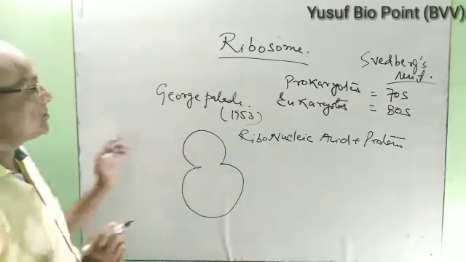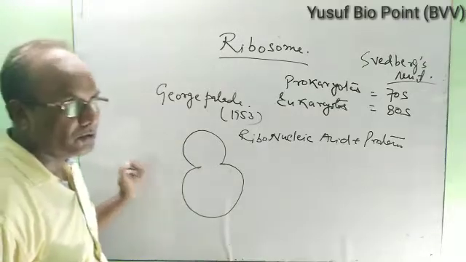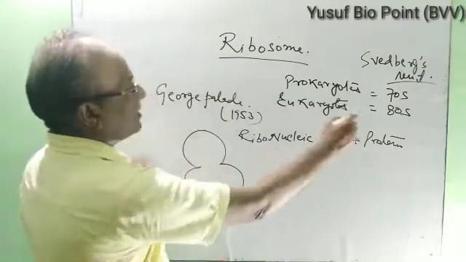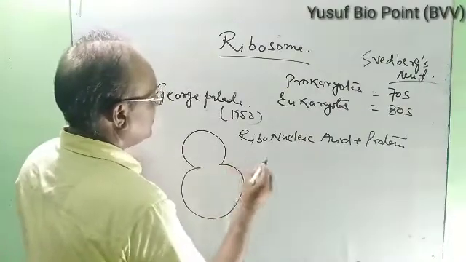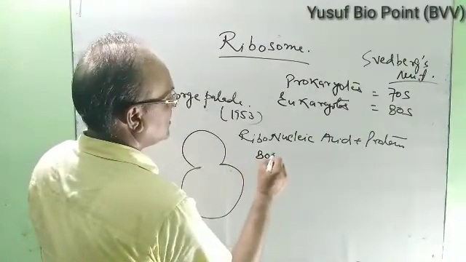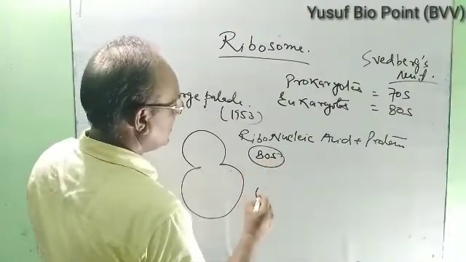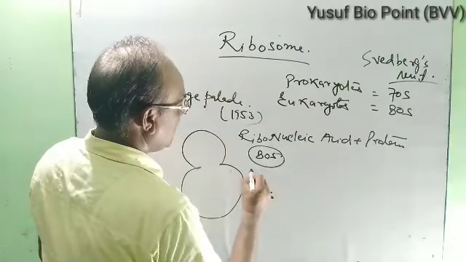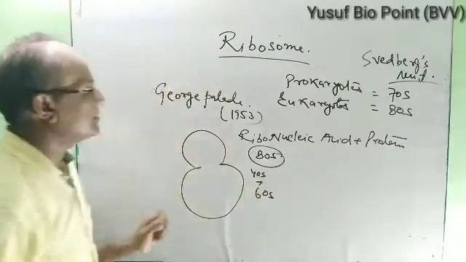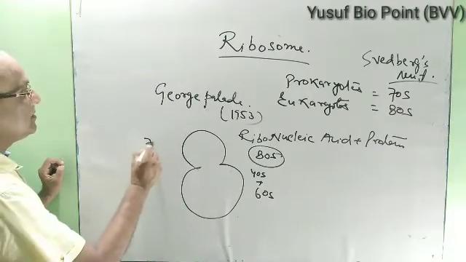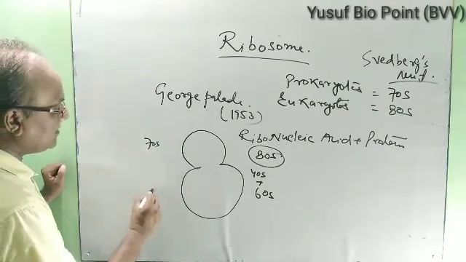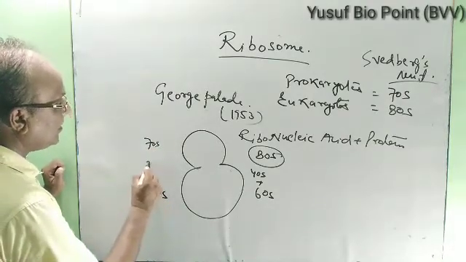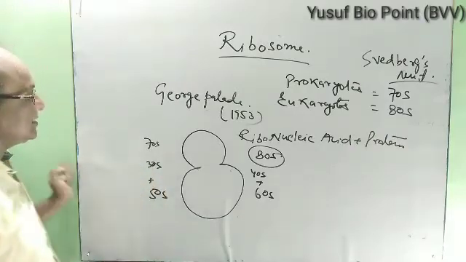So it is composed of two units. In eukaryotes the 80S is divided into 60S plus 40S, and in prokaryotes it is divided into 50S plus 30S.